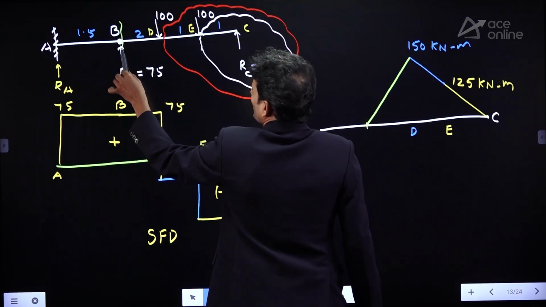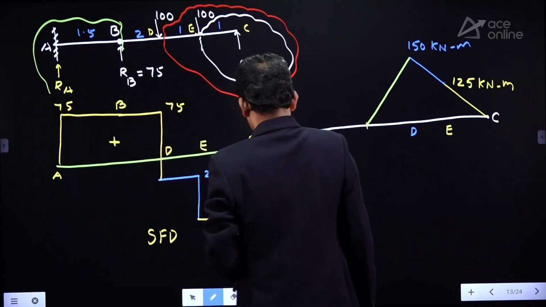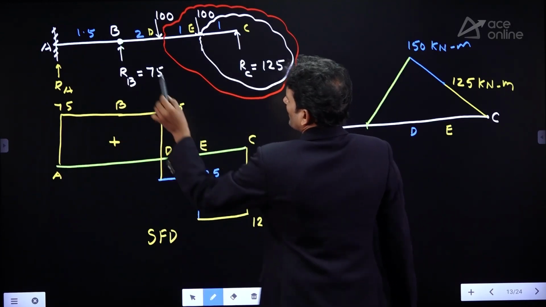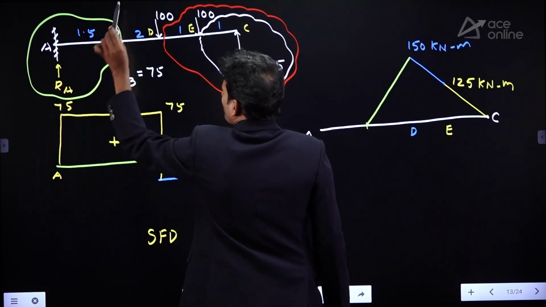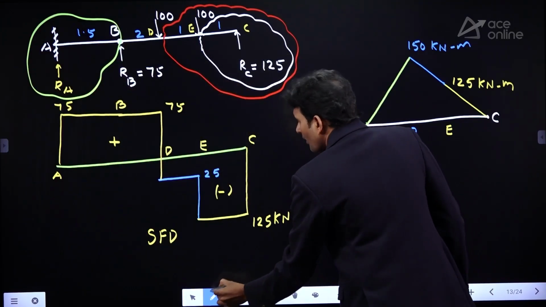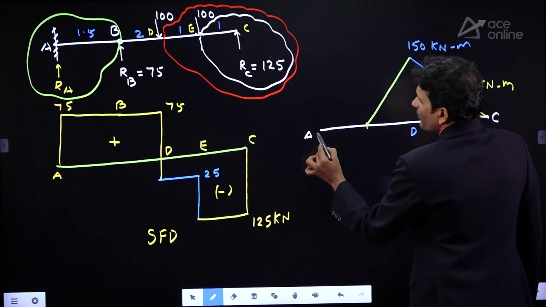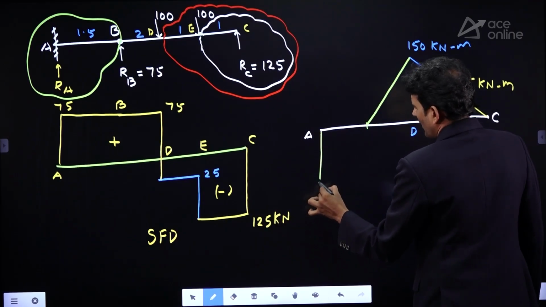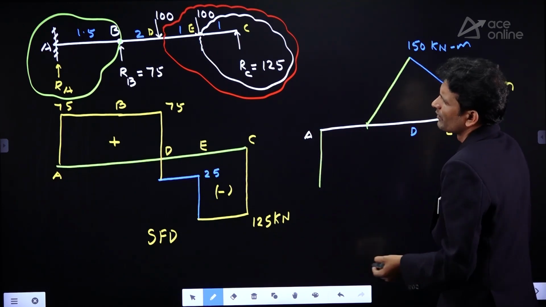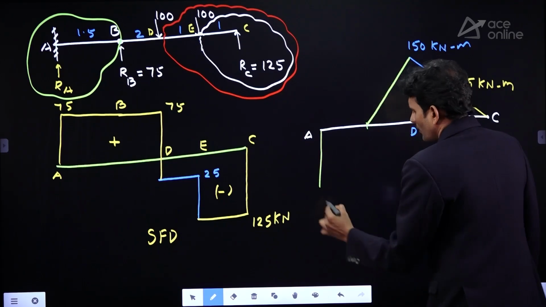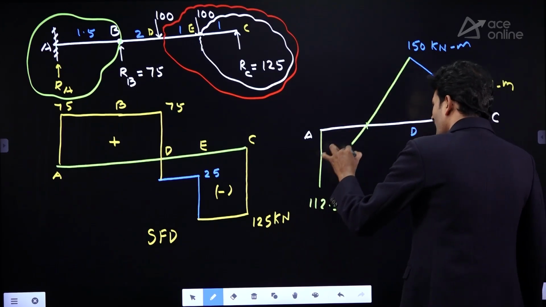Take the section here and take this part, you can consider this part to find out this one. 75 into 1.5. Bending moment available at A is RB into 1.5. 75 into 1.5, approximately this is 112.5, linear variation.